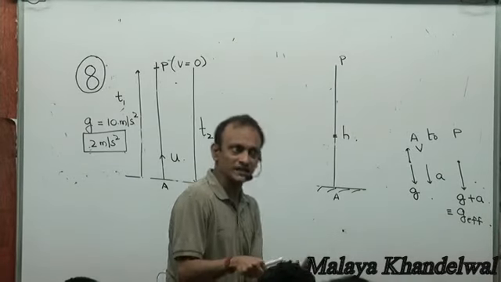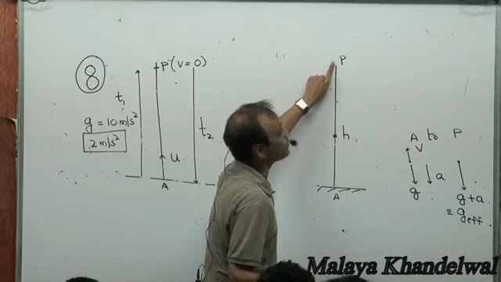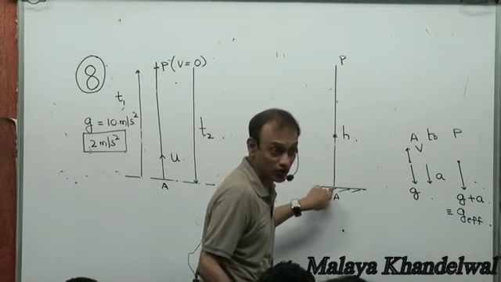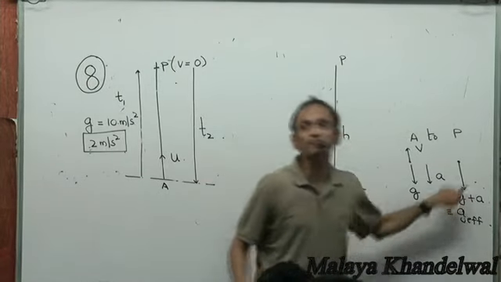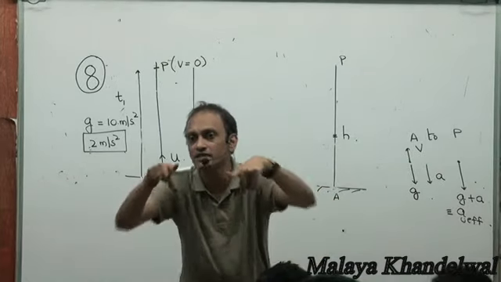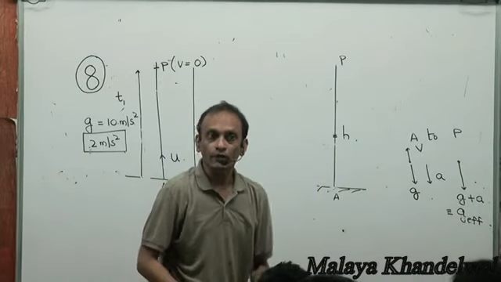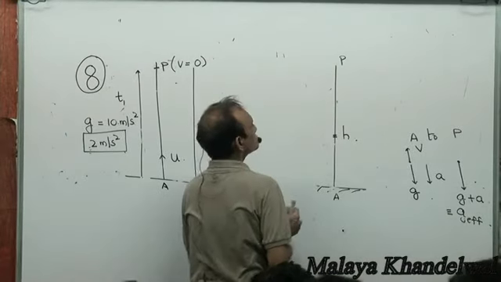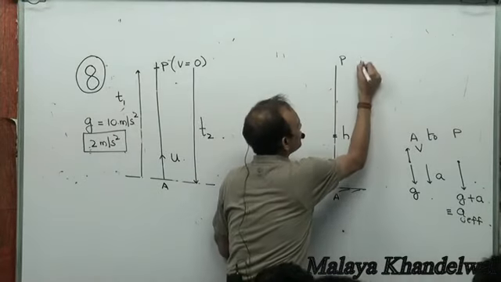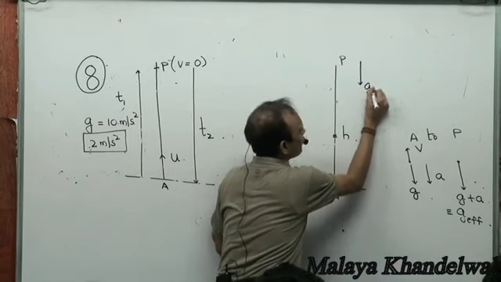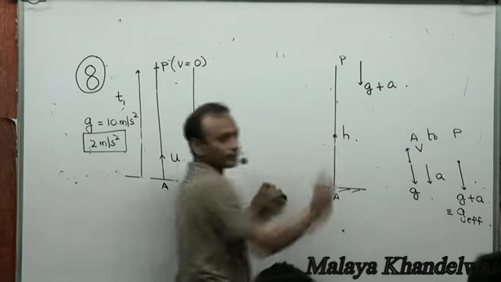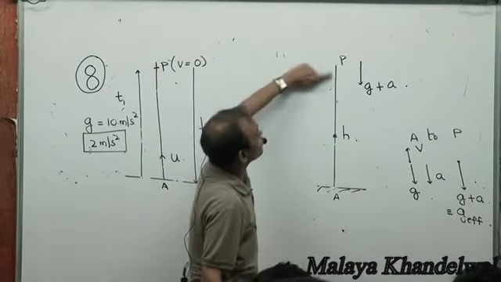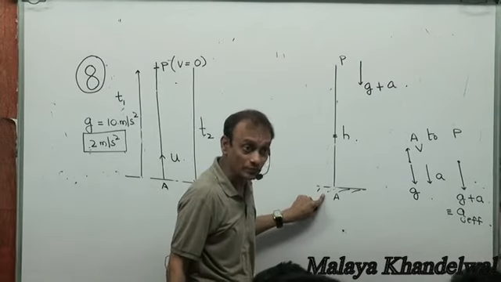if it has been g plus A downwards, then time taken to go from A to P must be the same as time taken to come from P to A, with g effective being g plus A downwards, yes or no? Right? Which means, if it was g plus A all the way from A to P and back to A, then the time taken to go up is the same as time taken to come down.